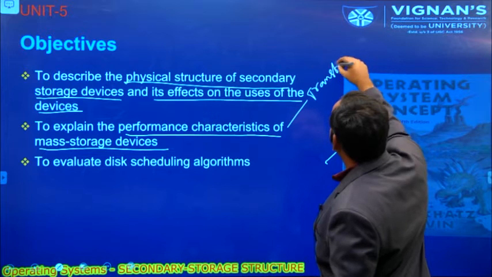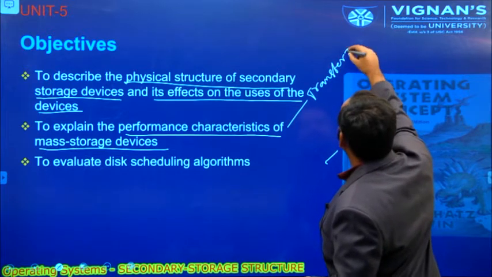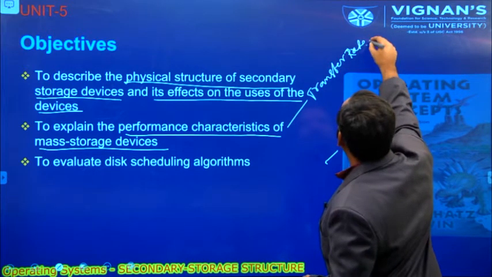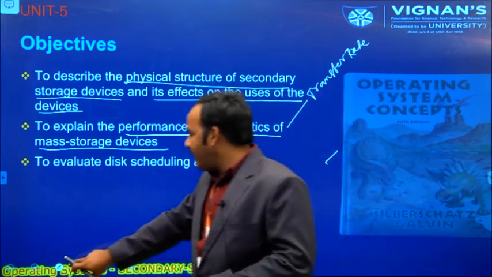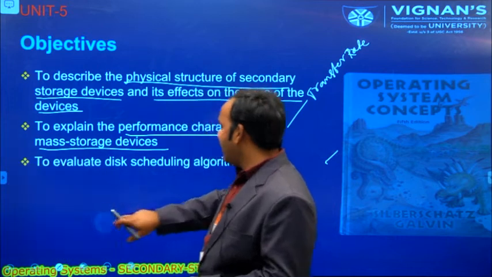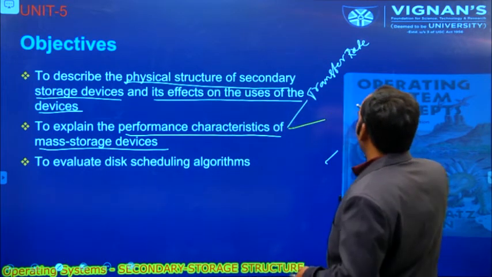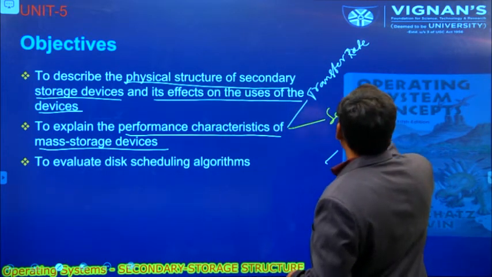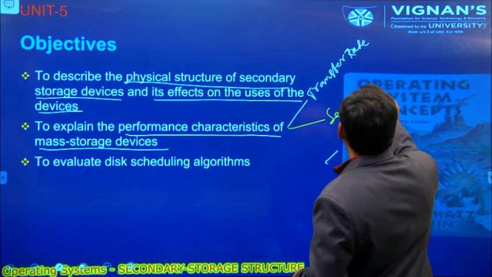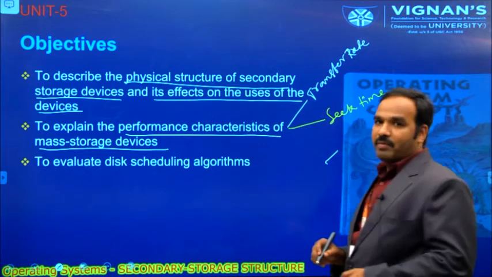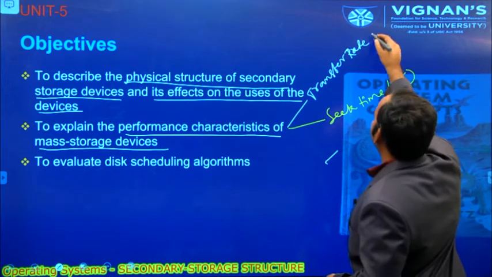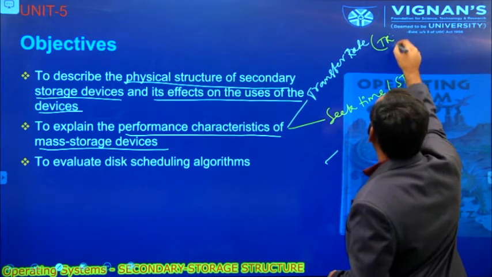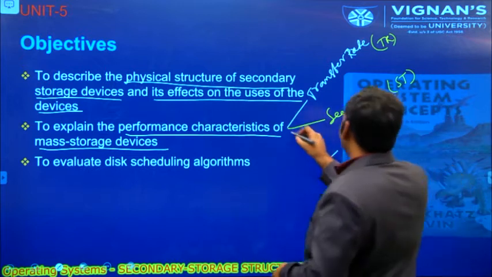The second parameter is seek time. Sometimes it is called ST for seek time, TR for transfer rate, and latency.